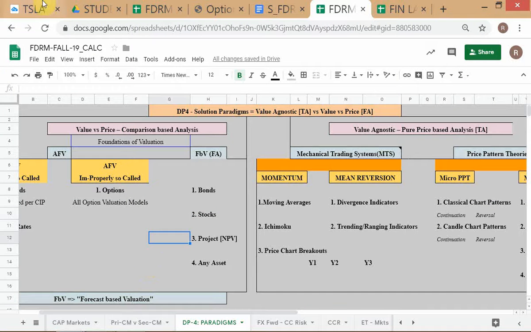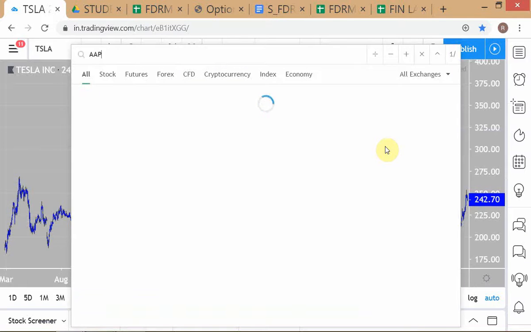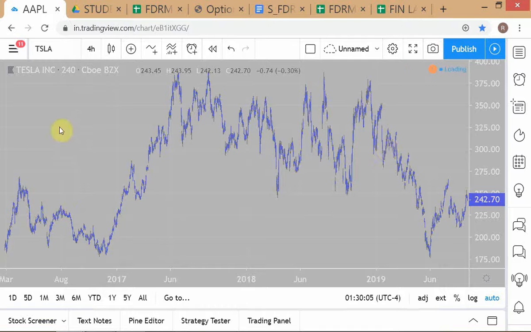This is why we say value versus price. Now you understand why I'm saying value versus price. The objective of all this exercise is to compare to the fair value, and if the price is far below the fair value, you would buy it. If it is far above the fair value, you would sell it. Okay, in this case, we'll just have a brief look at Apple.